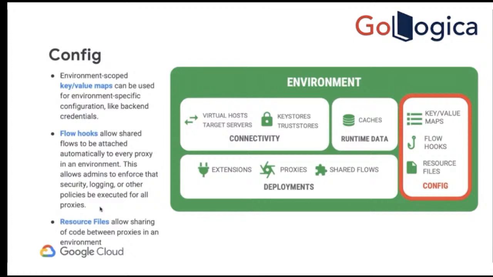For dev environment, some information will be the same, some will be different. For test and QA environments, some will be the same, some will be different. Usually we get a properties file, we read all of those, and at runtime these will be used. Apigee has the same concept with key value maps. For the environment level properties, all the configuration for that specific environment, you put in the key value map.